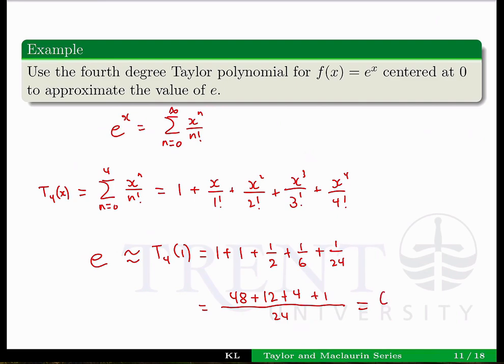So this is equal to 65 over 24. So the value of e is approximately 65 over 24. So therefore, e is approximately 65 over 24. Okay?